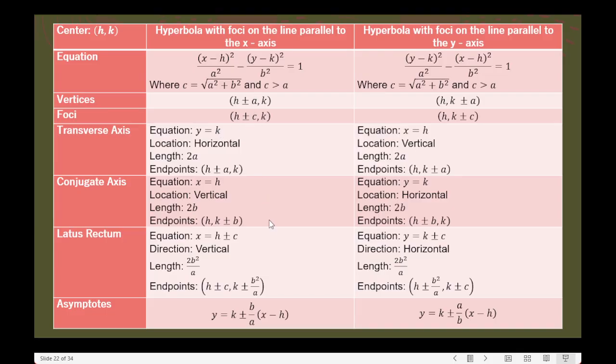So browse this and look at it carefully. Just like what I'm telling you, this table of properties of the graph will help us to precisely or accurately sketch the graph of any hyperbola.